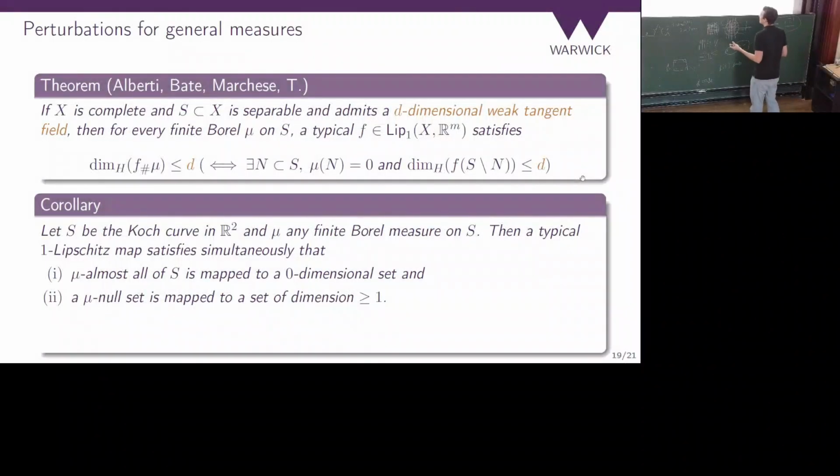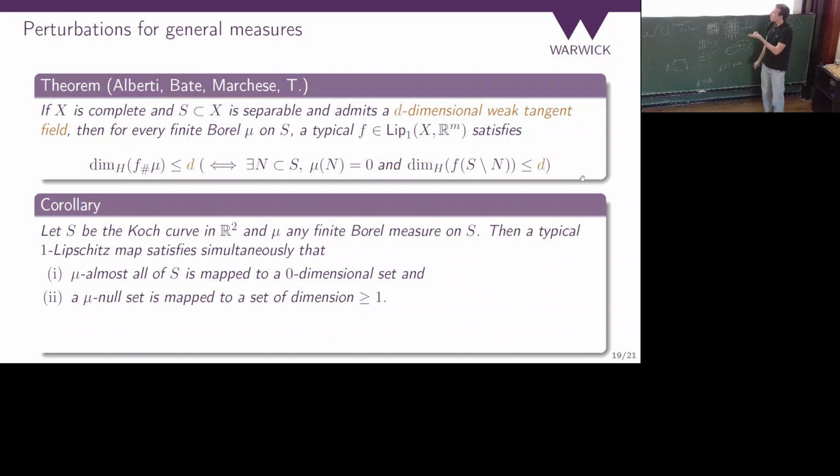If you have the Koch curve in R2 and mu any finite Borel measure on it, then a typical Lipschitz map simultaneously does two things. It maps mu almost all of S into a 0-dimensional set, which is what the thing above says, because in this case d is 0.